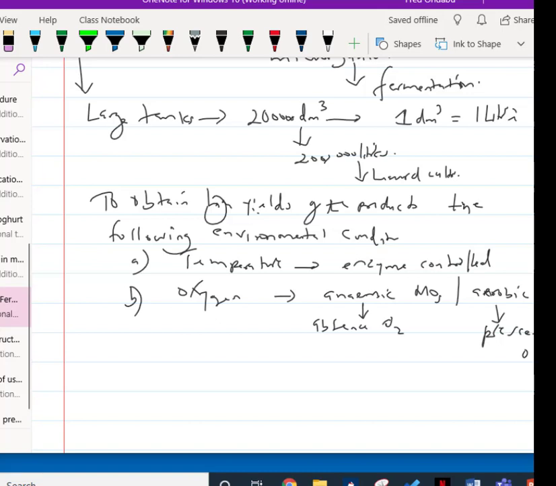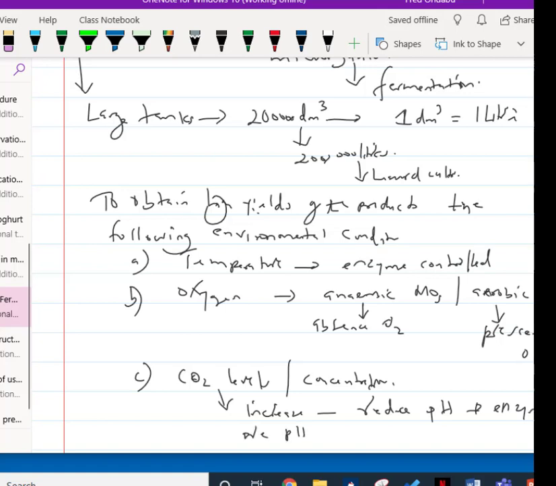Another factor that needs to be controlled is the carbon dioxide concentration. You know very well that when carbon dioxide levels increase, the pH decreases. And enzymes are pH specific.